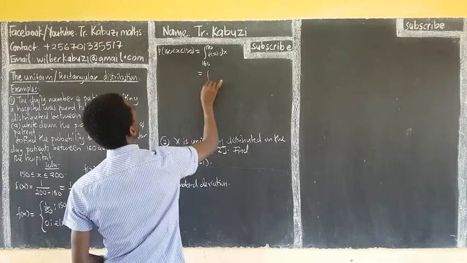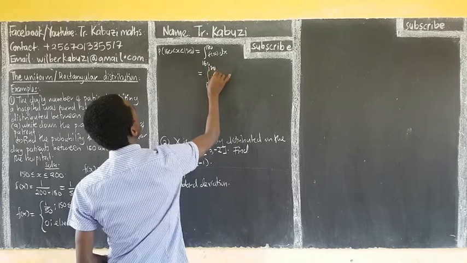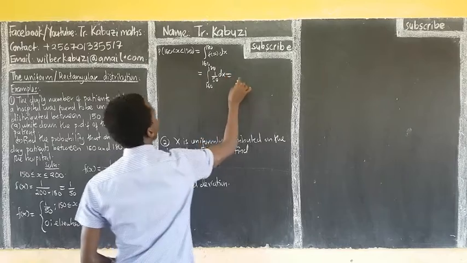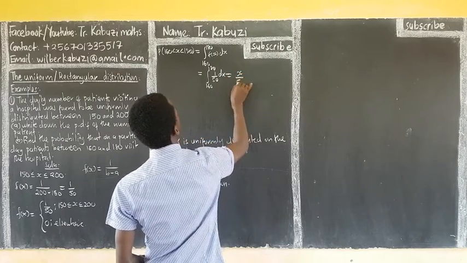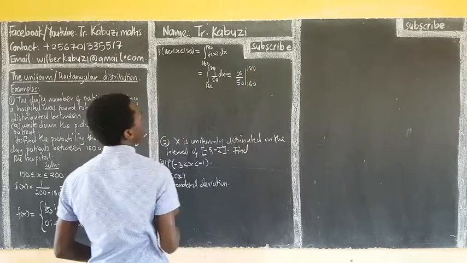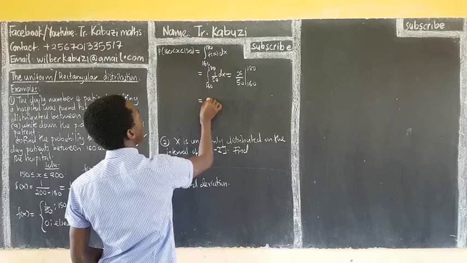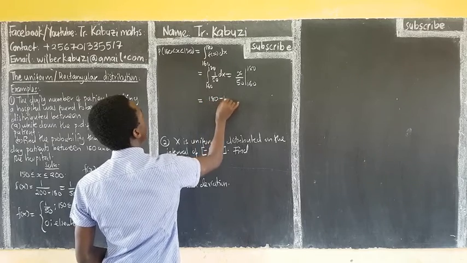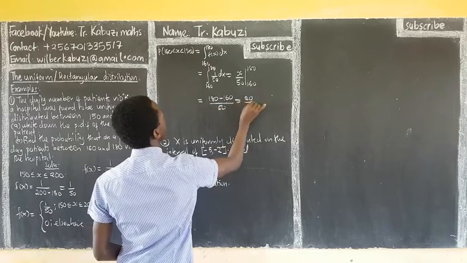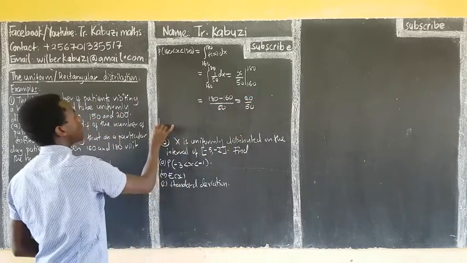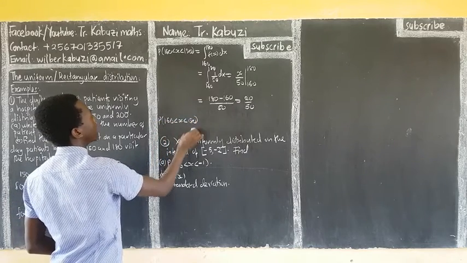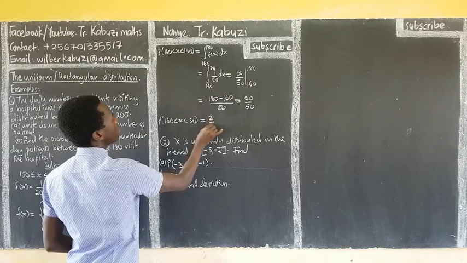Our PDF is 1 over 50, so this gives us x over 50 from 160 to 180. Substituting in, we have 180 minus 160 all over 50, which is 20 over 50, and so this probability is 2 over 5.